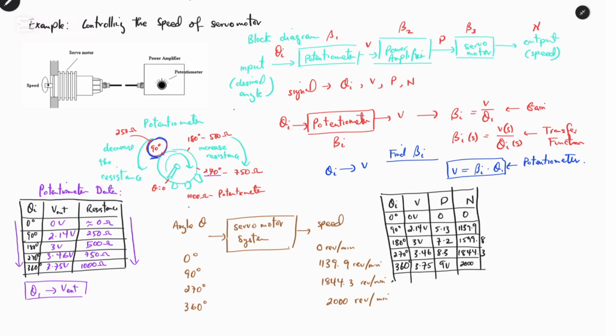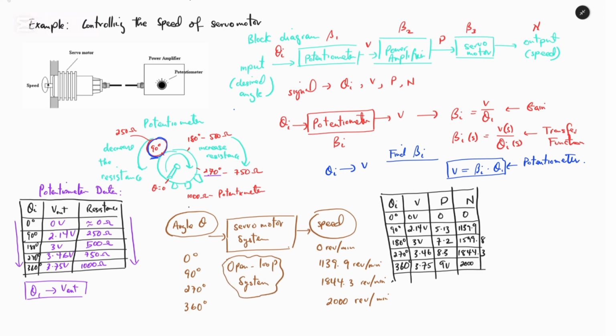So from our entire discussion, you can see how the angle theta will affect the speed of the servo motor. In this case, this is the open loop system where we don't care about the stability of the system.